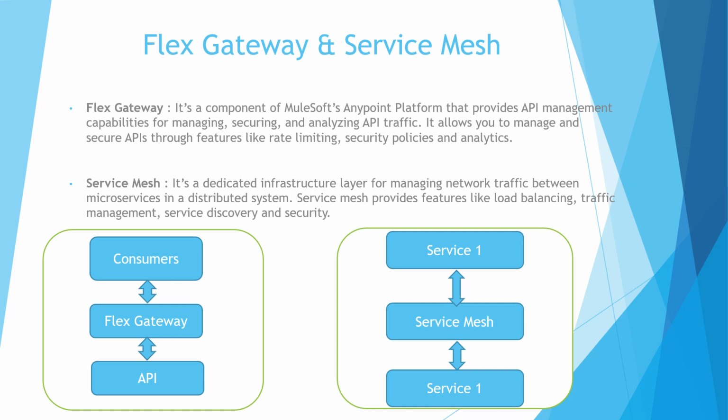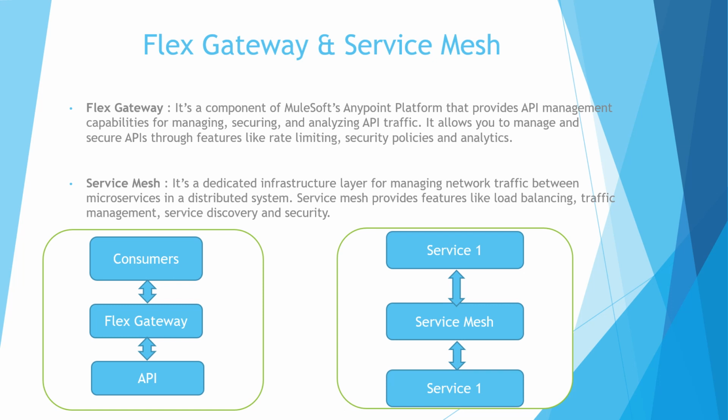Service Mesh can help to address some of the challenges of microservices-based architectures, such as managing the communication between microservices, ensuring service availability and reliability, and maintaining security. To summarize, Flex Gateway and Service Mesh are two different technologies with different goals and functions.